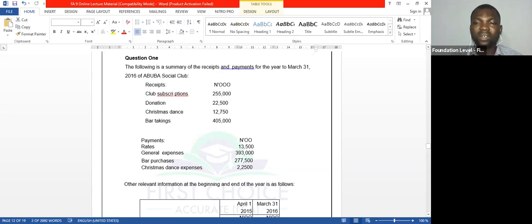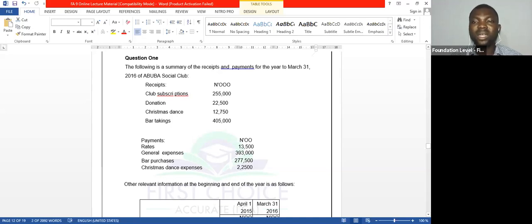Because they are not set up for profit making, it is wrong to say the excess of income over expenditure is profit. It is surplus, and that surplus is taken to the statement of financial position under the equity fund capital, where it is added to the accumulated fund, or used to reduce the accumulated fund if it is a deficit.